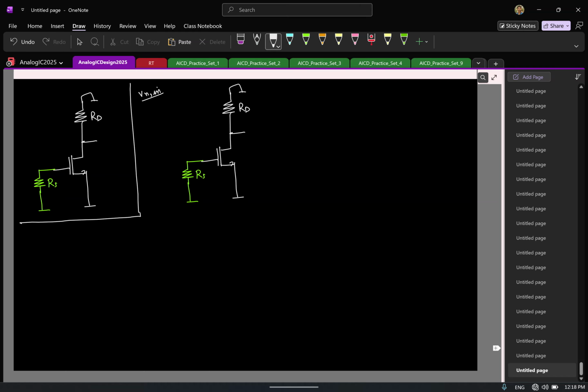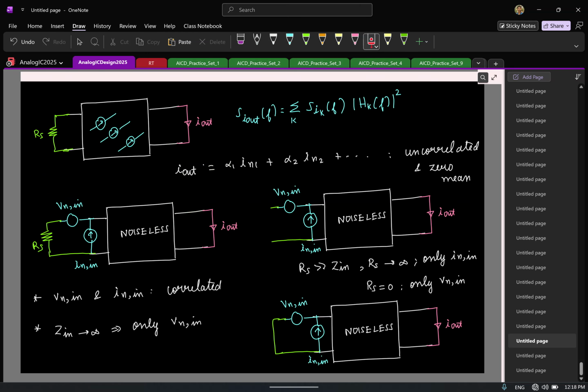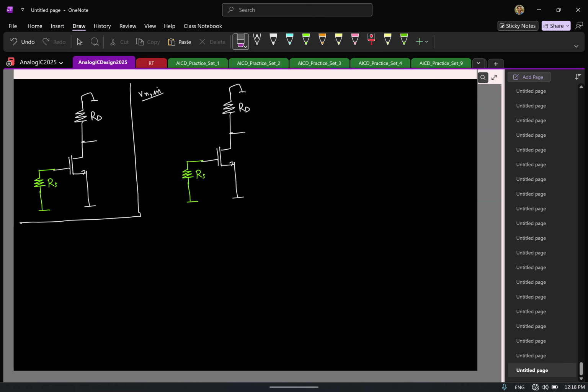For finding the input referred noise voltage, I should use RS to be 0. So I am going to make RS 0. Here, how many noise sources are there in the circuit? Two. Both the resistor and the transistor.